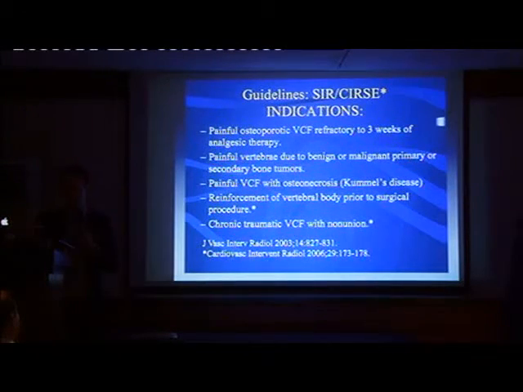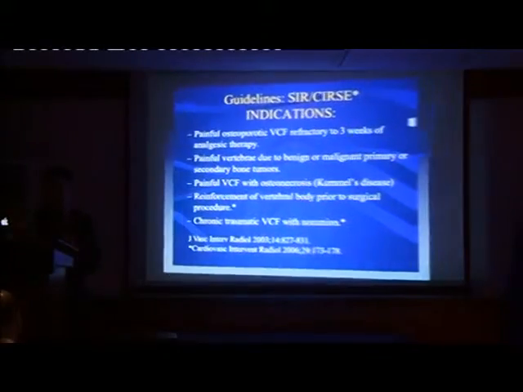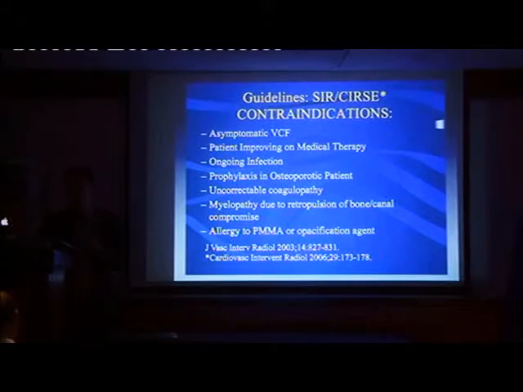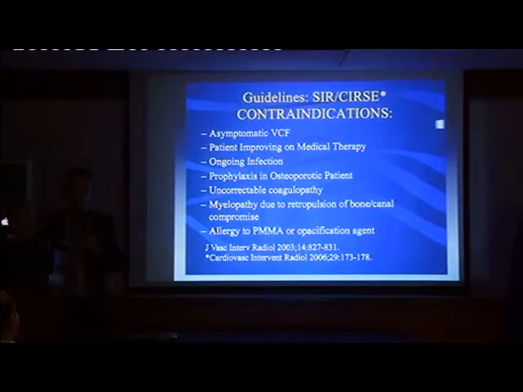Chronic traumatic vertebral compression fractures with non-union. You have to show that there's non-union. You can see that on a CT scan at that level. So contraindications include asymptomatic VCFs. Vertebral augmentation is indicated for pain.